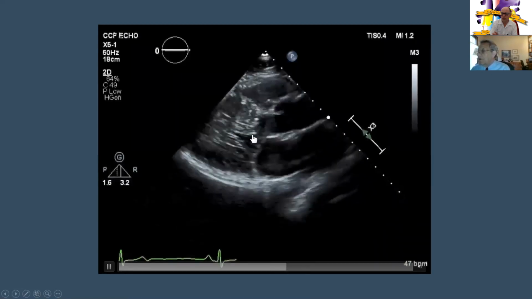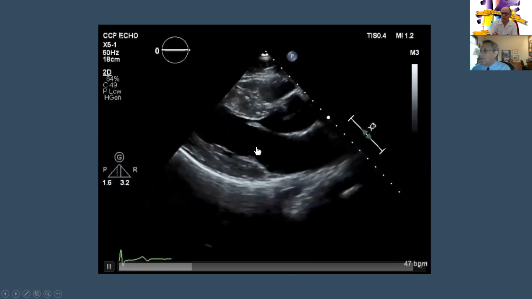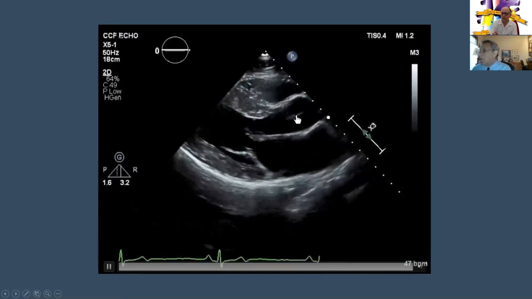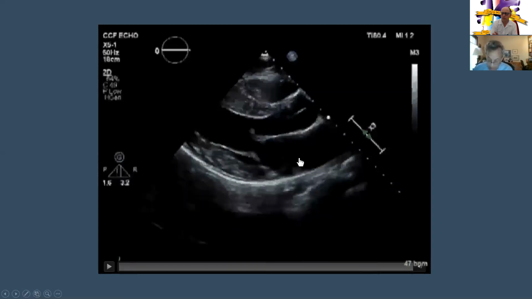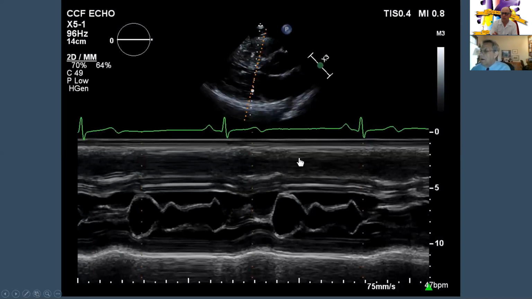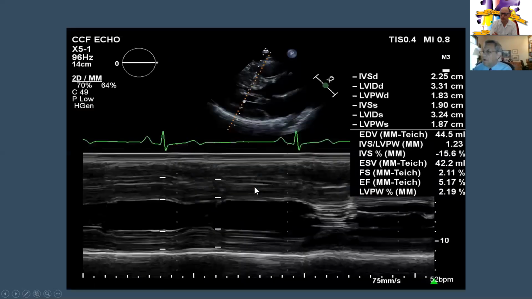There is some resting systolic anterior motion of the mitral valve with a normal aortic valve and a reasonably normal sized left atrium. Here is an M-mode picture showing some systolic anterior motion of the mitral valve. Septum is roughly about 18 to 19 millimeters.